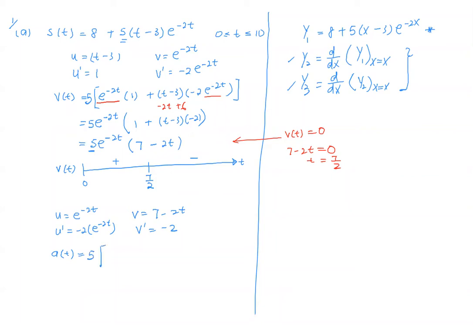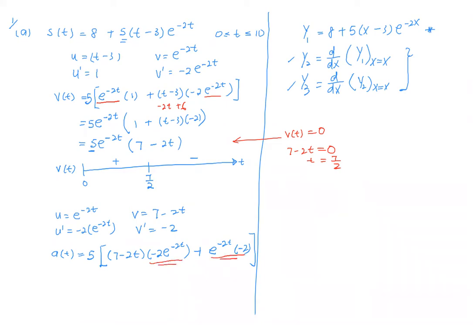Product rule: V U prime plus U V prime. Okay, got it? So now, factorize out the common factor.